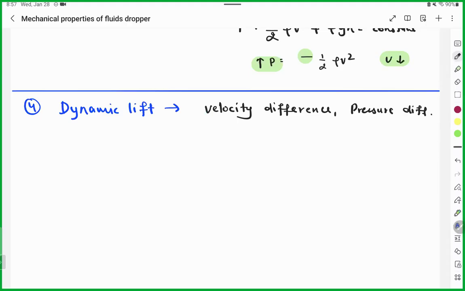Due to this pressure difference, for example, you will see a ball spinning. If you take the example of a ball, the ball will spin. And this effect of dynamic lift when the ball is spinning is known as the Magnus effect. Have you heard about this?